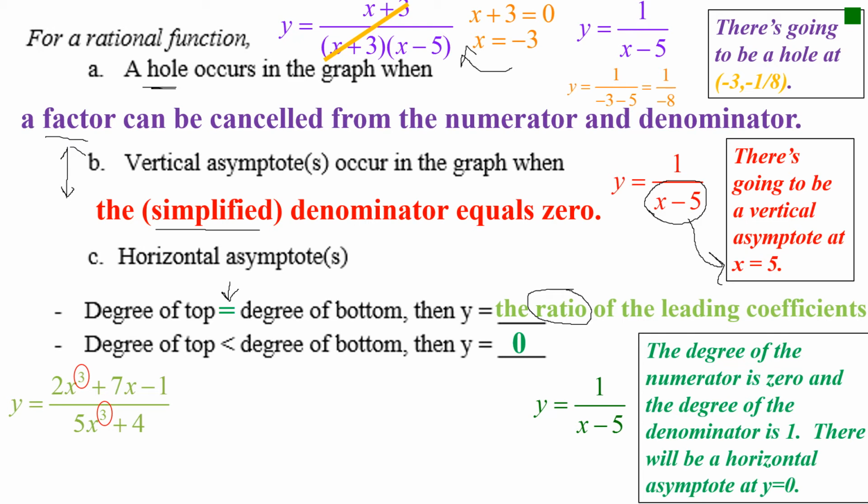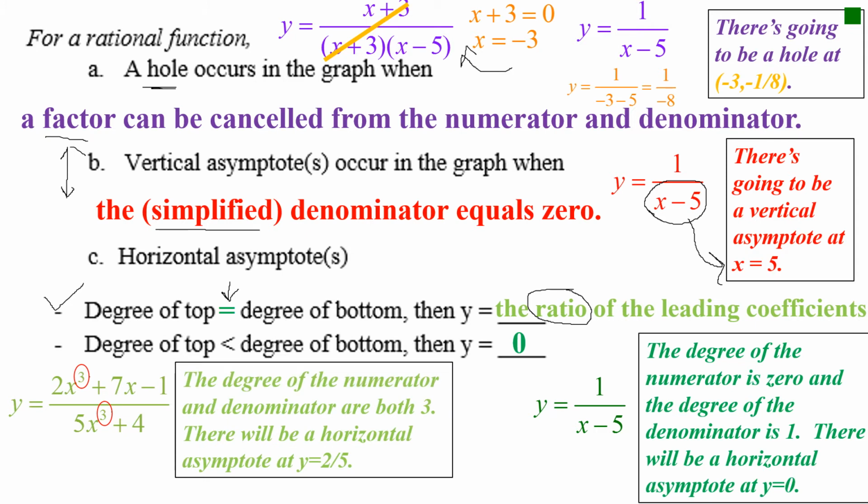The highest power here is 3, and the highest power here is 3. They are equal. The leading coefficient at the top is 2, at the bottom is 5. So our horizontal asymptote is 2 over 5.